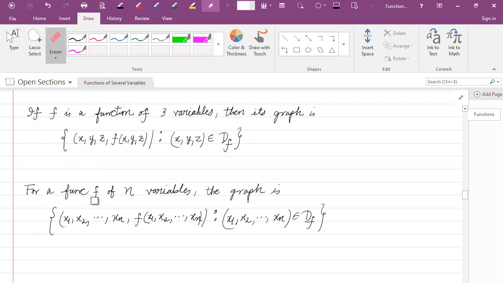If I have a function of n variables, then the graph would be the collection of all (n+1)-tuples where the first n coordinates belong to the domain of the function.